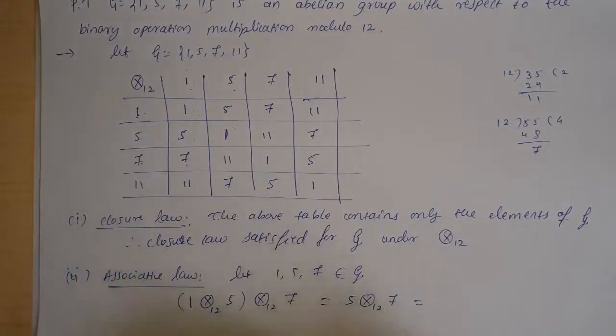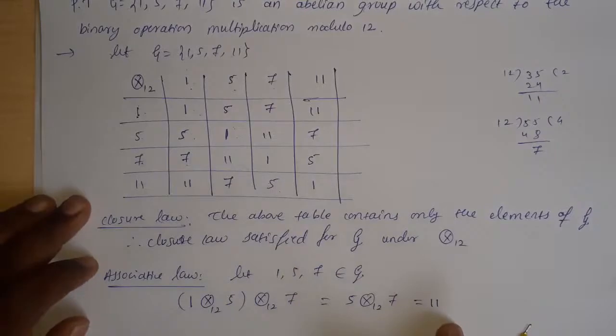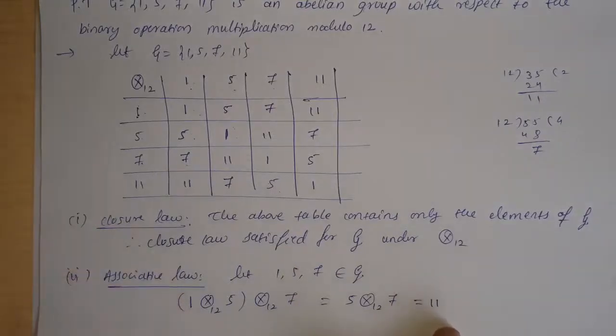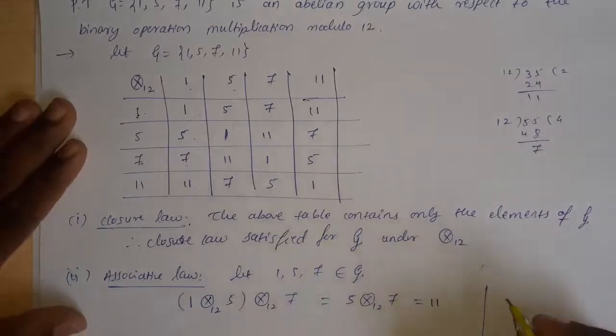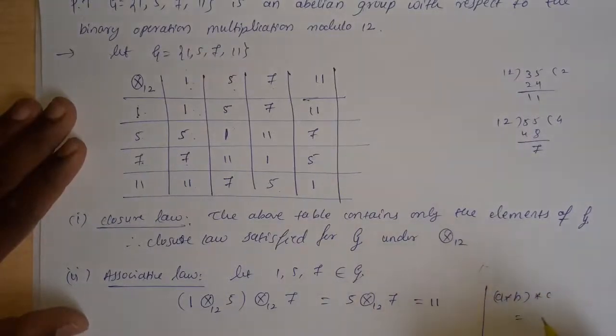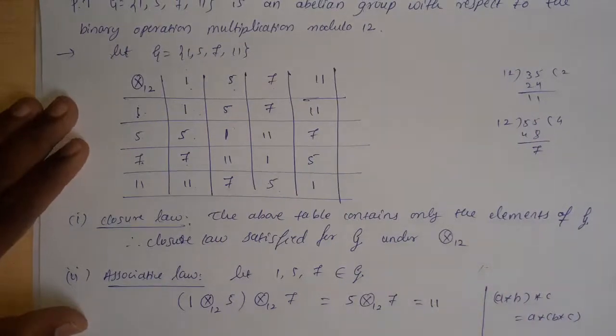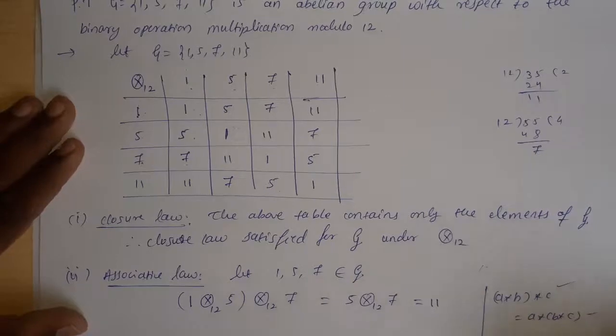So 5 into 7 equals 35, and dividing by 12, 11 is the remainder. Therefore its value is 11. This is the LHS of the associative property. The associative property is (A star B) star C equals A star (B star C), so this is the LHS and this one is the RHS.